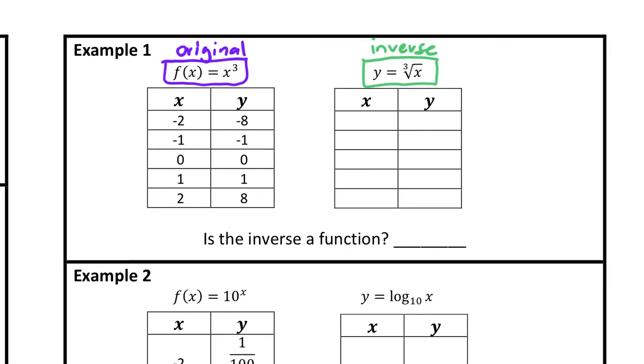If I want to make the table of the inverse values, it's just a matter of switching the x's and the y's. Remember what we said earlier, the domain of the original is the range of the inverse. So if you want, you can copy these first. And then the y values we're going to copy over here on the x.